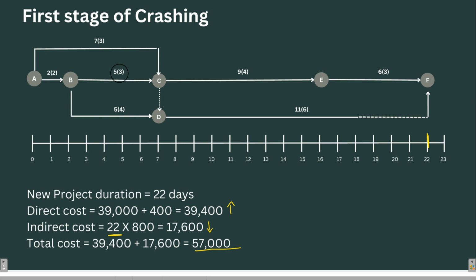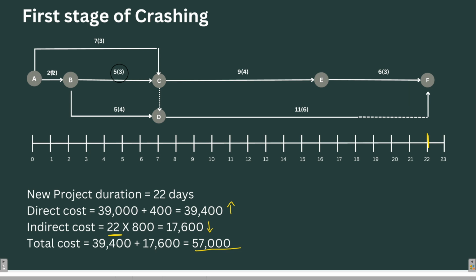Let me just mark it. First path is already A, B, C, E and F. This path has no float at all. That means it is the critical path. Earlier AC was having the float, that is why it wasn't included in the critical path.